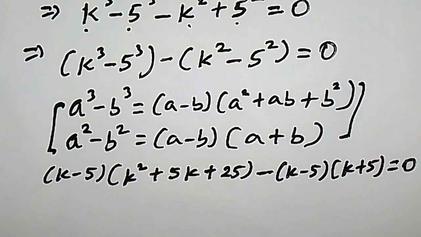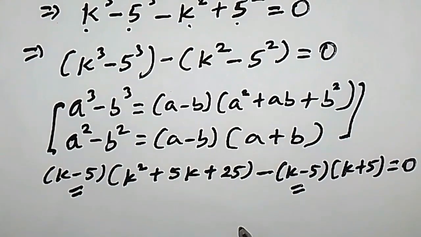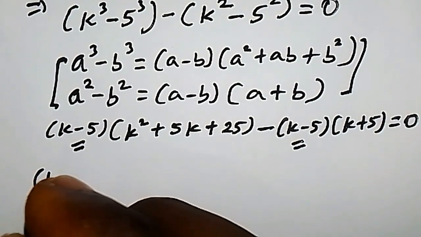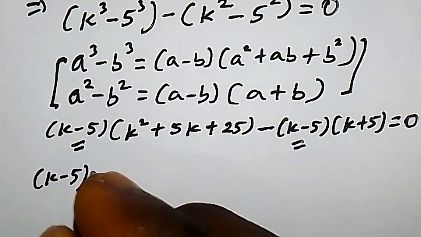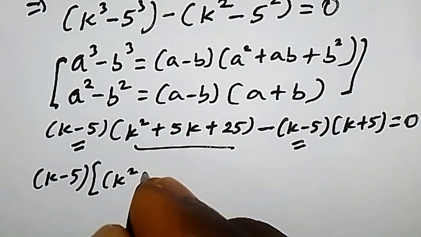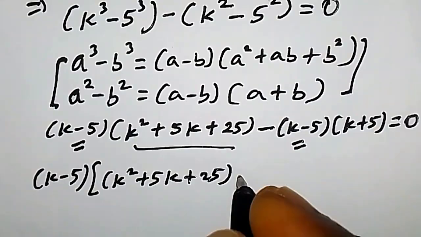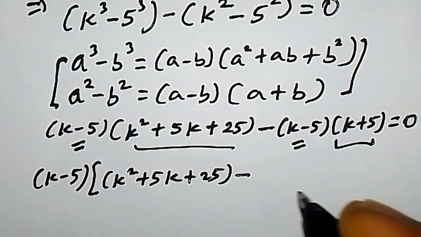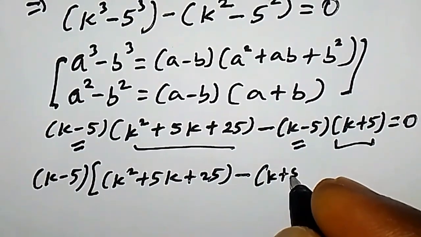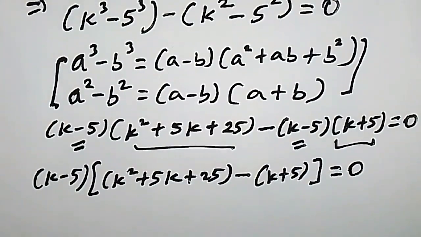You will see that k minus 5 is common. We can factor it out. So we have k minus 5 into this k square plus 5k plus 25 minus this k plus 5, close the brackets, equal to 0.